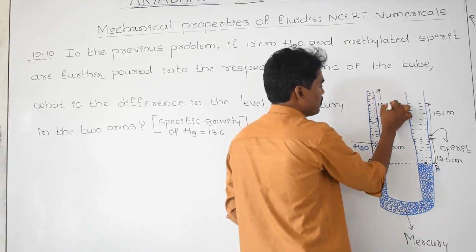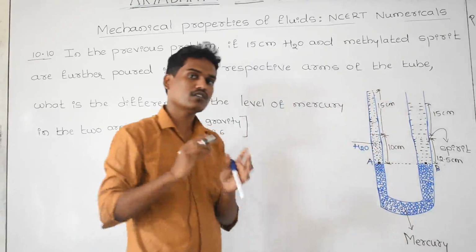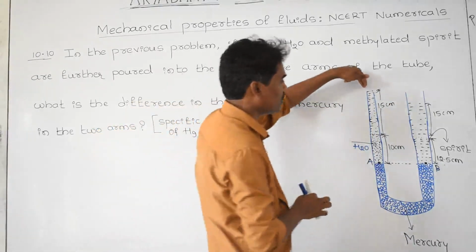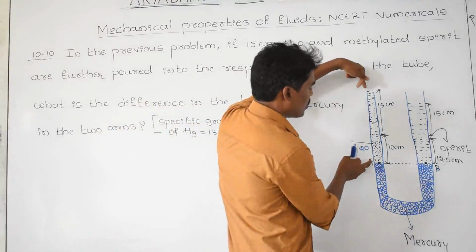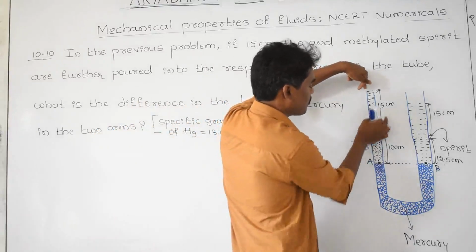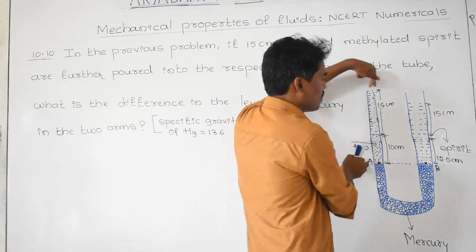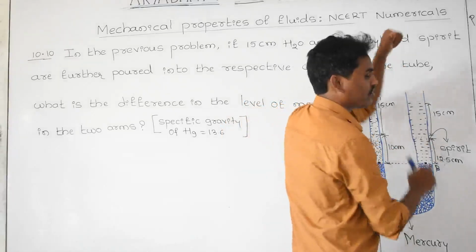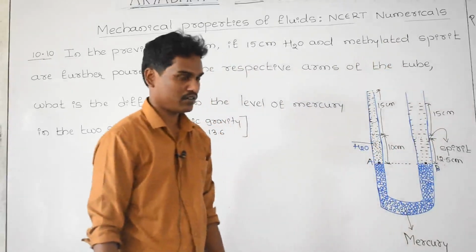Now after adding the water and methylated spirit to the respective arms, the total length in the left column of water becomes 10 plus 15, 25 centimeter, and that of the methylated spirit becomes 12.5 plus 15, 27.5 centimeter.